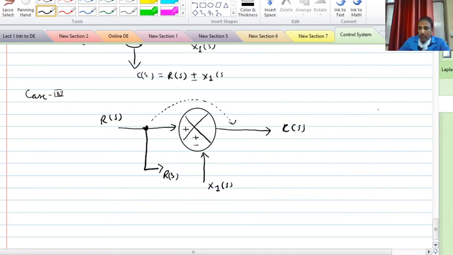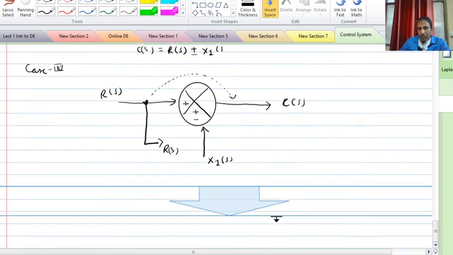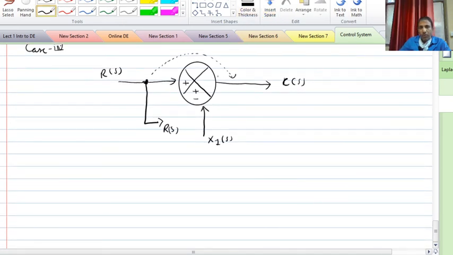So look at this case, because if we move this takeoff point to this takeoff point, we will get this output, that is RS plus minus X1S, but we need only RS. It means we have to subtract this part from the output.